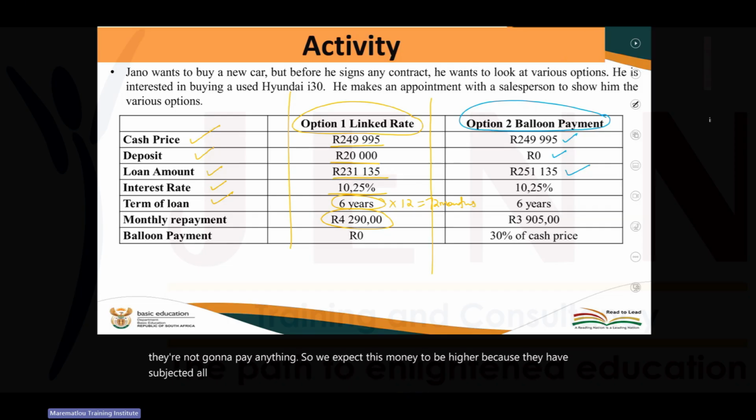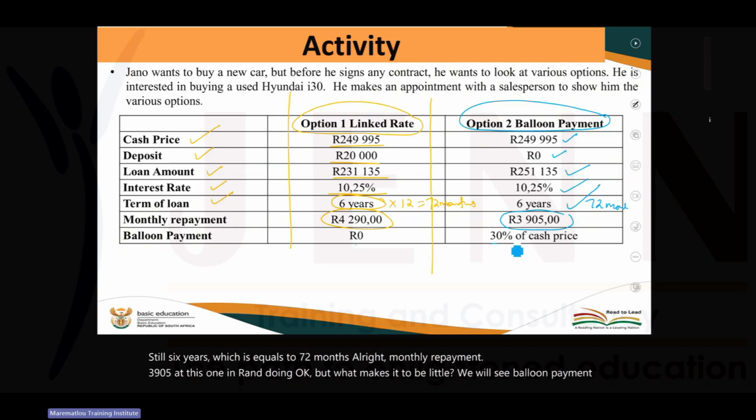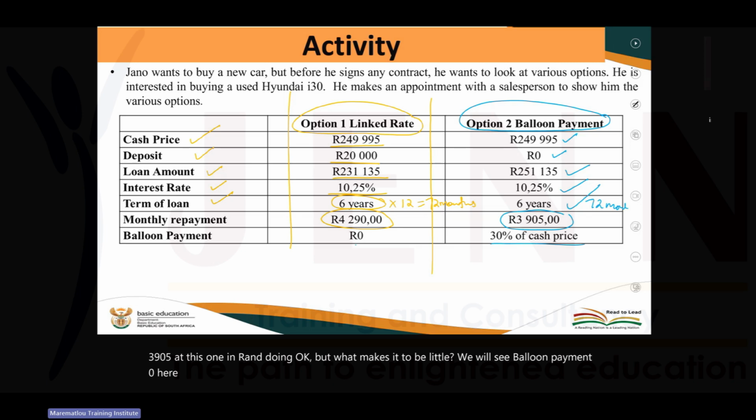Interest rate is still 10.25. The period is still 6 years, which equals 72 months. Monthly repayment is 3,905. But what makes it little? We will see. Balloon payment: here, 30% of cash price.